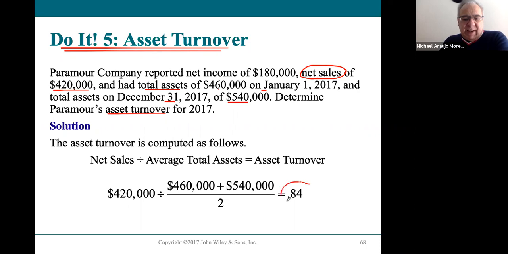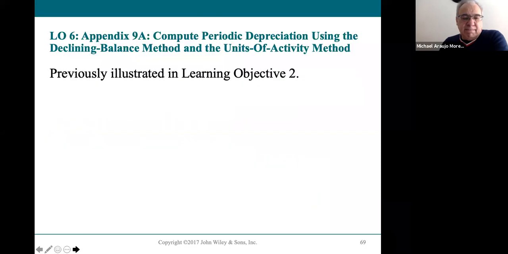And so here their asset turnover was 0.84, okay, which again, depending on the industry, could be very, very good. And that is basically it for the rest of this chapter that we're going to focus on. I think it's relatively straightforward. It's very interesting information to know.